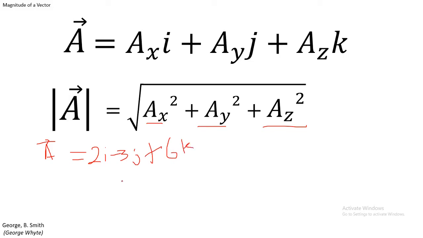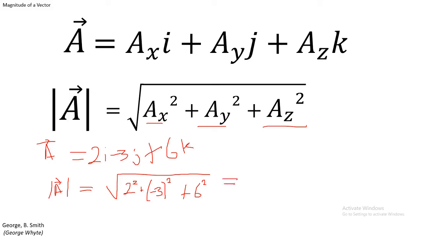So the magnitude of a is equal to the square root. I have the root symbol. I'll pick 2 and square 2, I will pick minus 3 and square minus 3, and then I'll pick 6 and square 6. That is the magnitude of the vector.